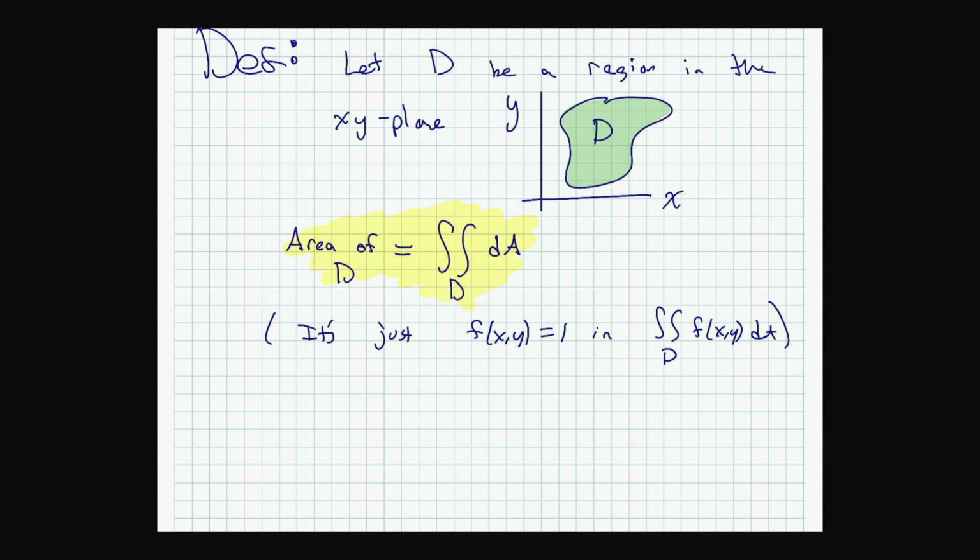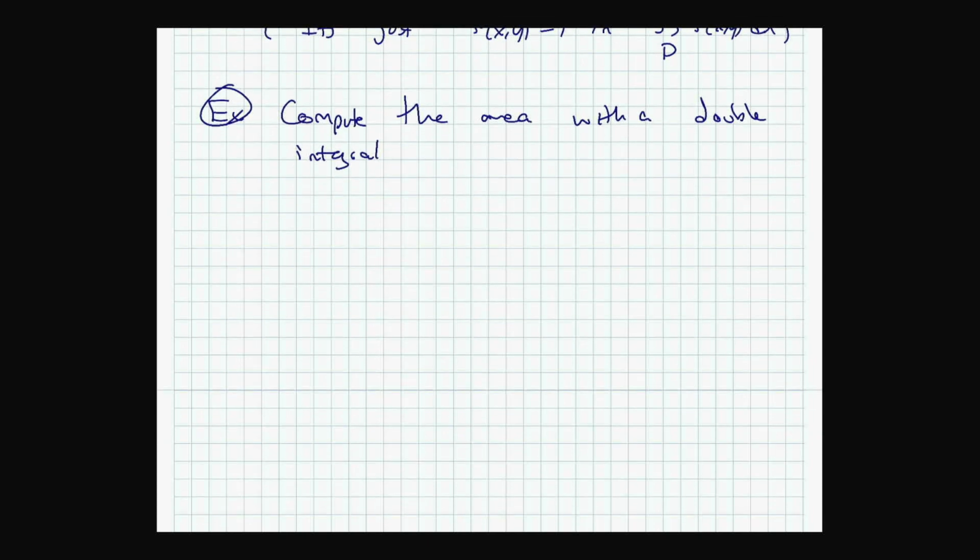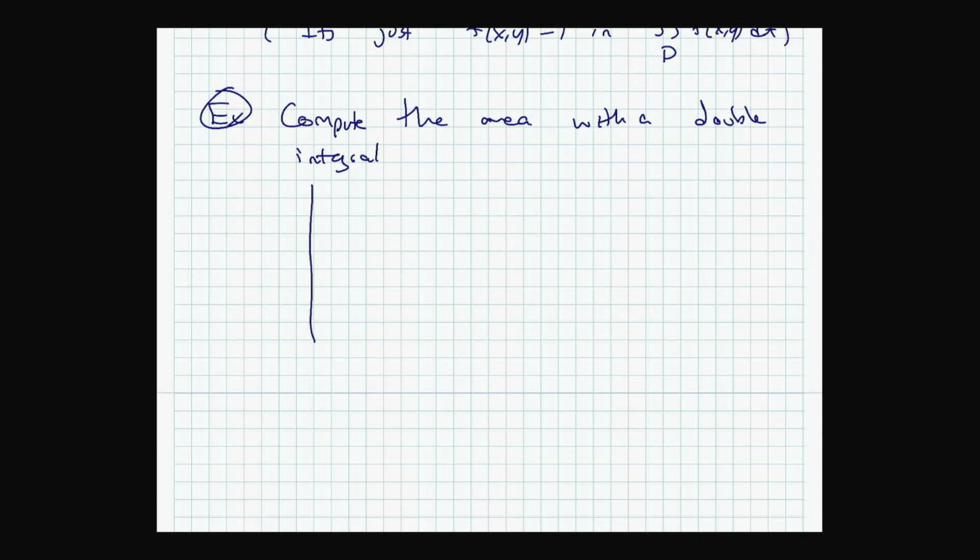So let's do an example of that. We did not last time. So compute the area with a double integral. Now, there's some of these that you could do in Calculus 1, right? You did know how to calculate areas in Calculus 1 using a single integral.